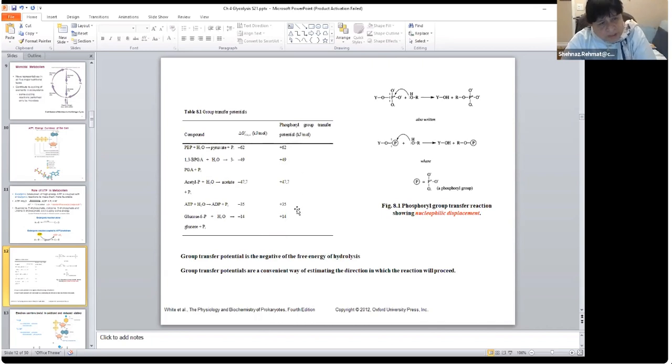So this is the potential which is always given in the positive way. So these are convenient ways of estimating the direction in which the cell will proceed. Okay? So here is very clearly how the transfer reaction using nucleophilic displacement will transfer a phosphoryl group from one of these compounds into another substrate.